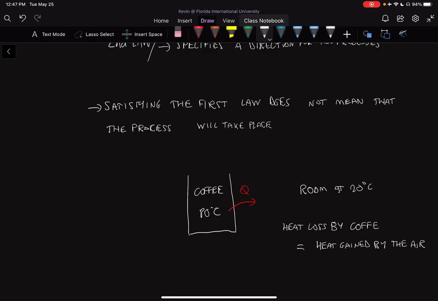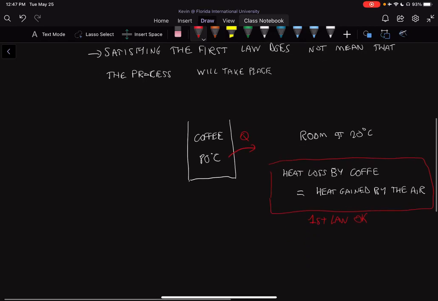The air gains some heat, and we eventually have a temperature that gets to an equilibrium temperature, and this satisfies our first law.